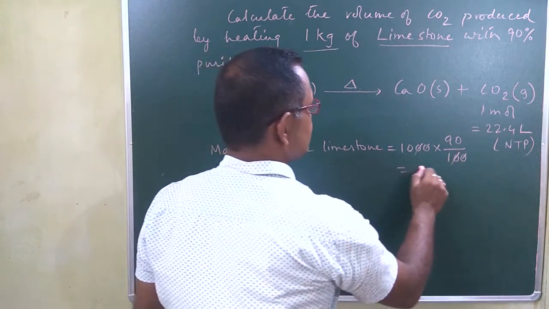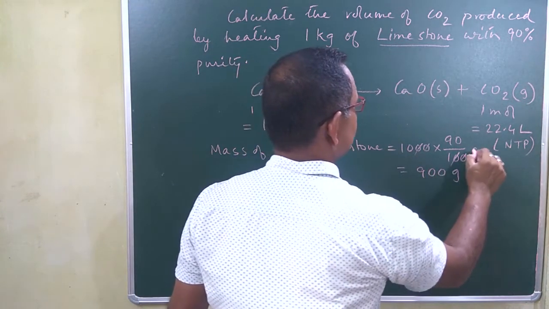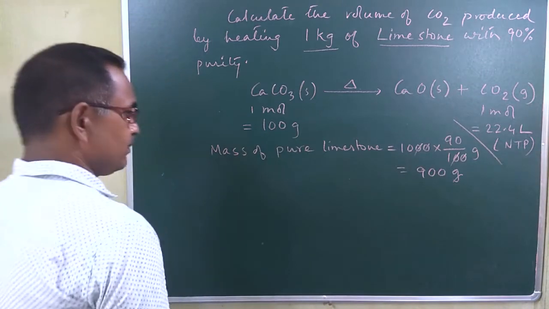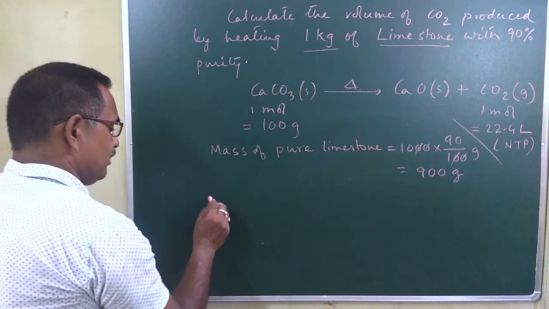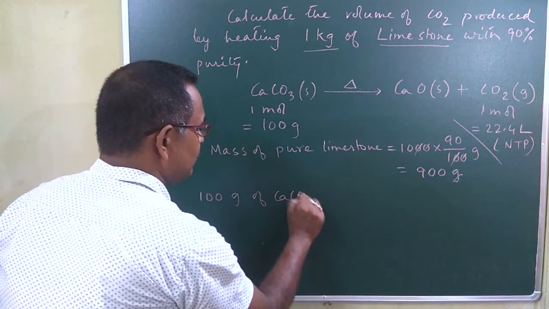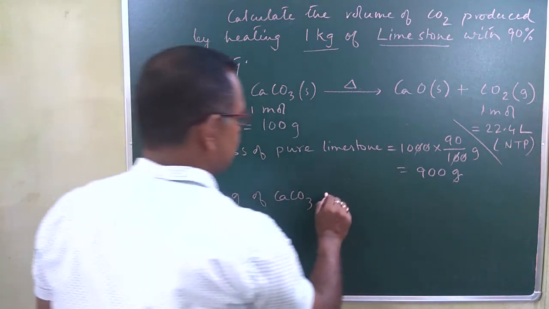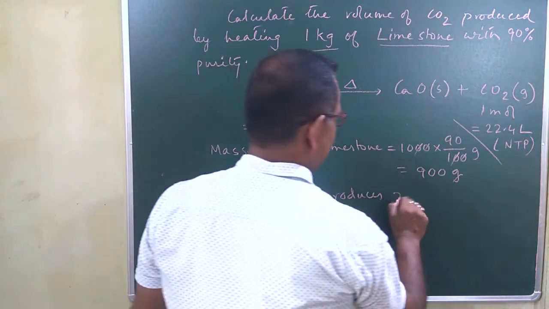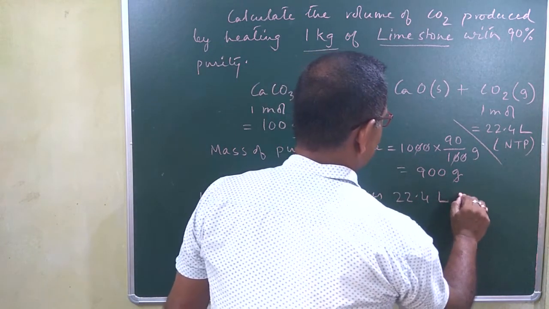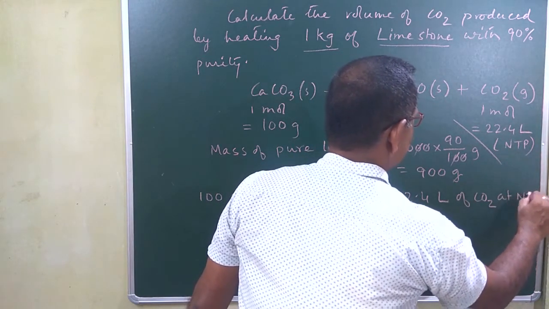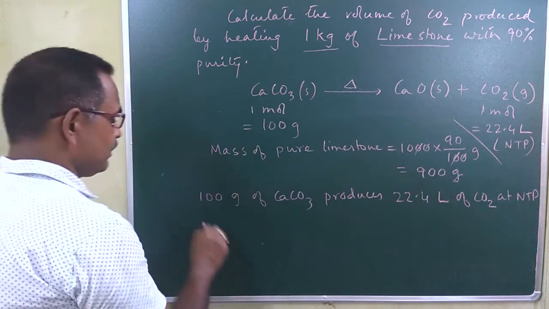So this is 900 gram. Okay. From this equation, we will now write 100 gram of calcium carbonate, that is limestone, produces 22.4 liter of carbon dioxide gas at NTP.